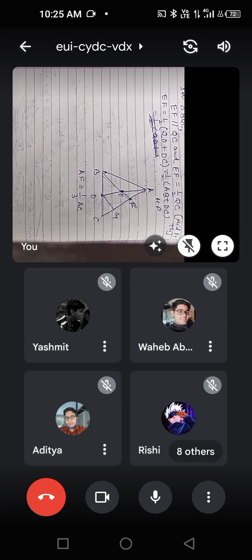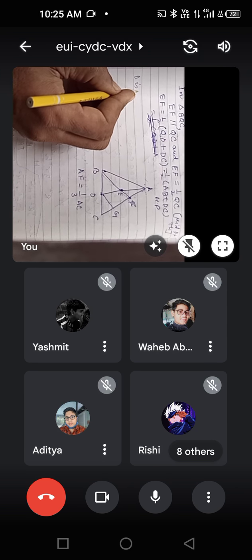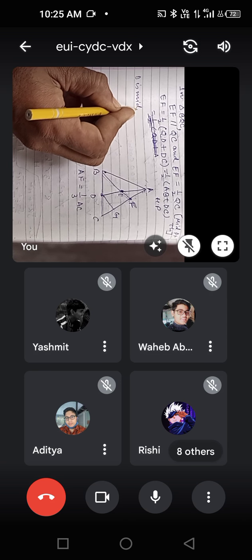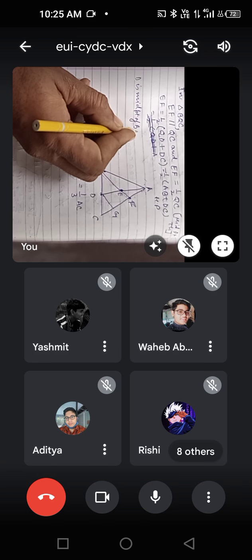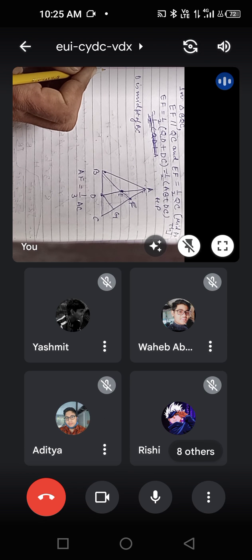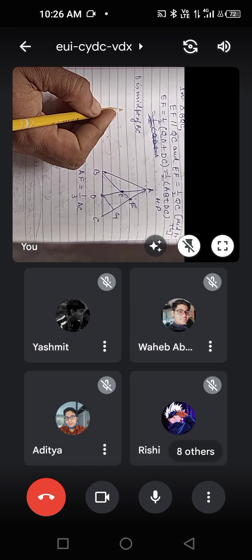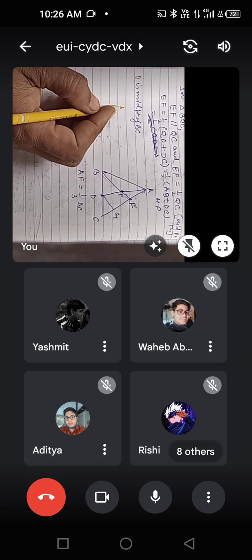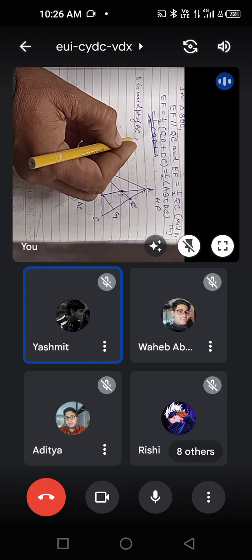So write down: D is the midpoint of BC. Why? Because AD is the median.